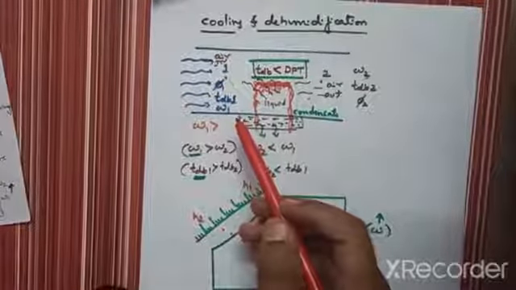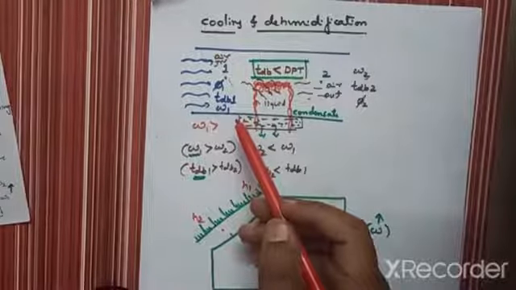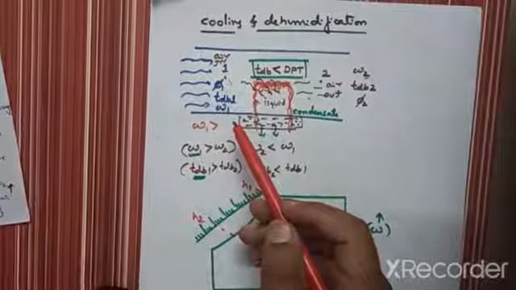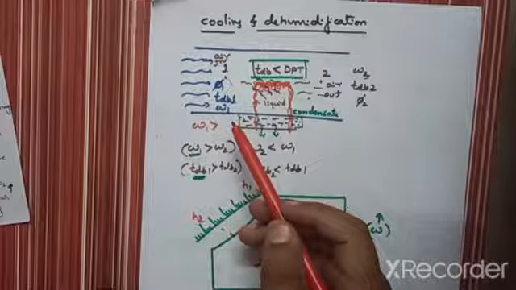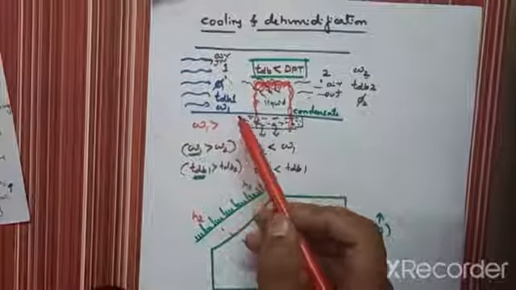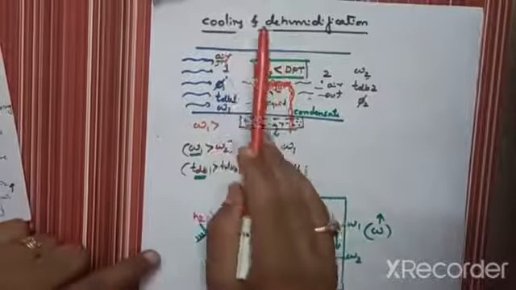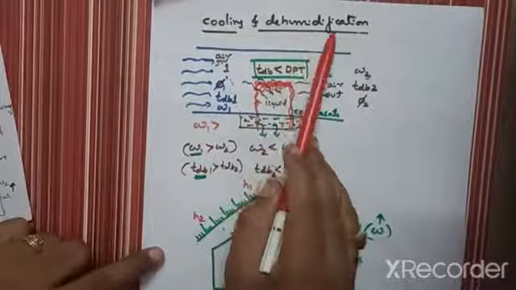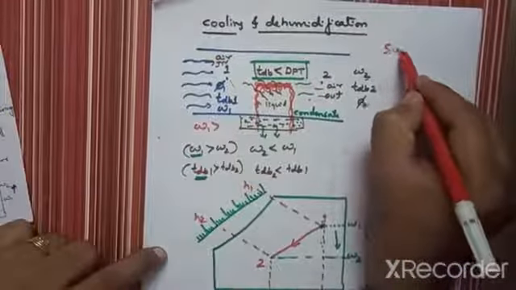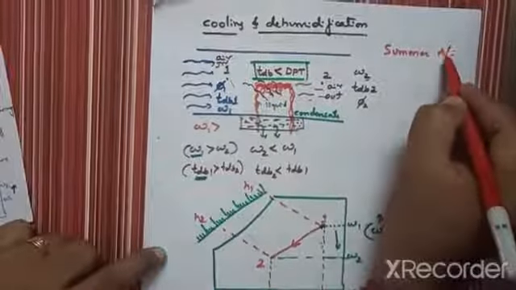And at the same time, in the summer season, the humidity is more. The water content in the air is more. We need to remove the water vapor from the air, and at the same time we will also reduce the temperature of the air. So this phenomenon will apply. Cooling and dehumidification will be necessary. So this is also called the summer air conditioning process.